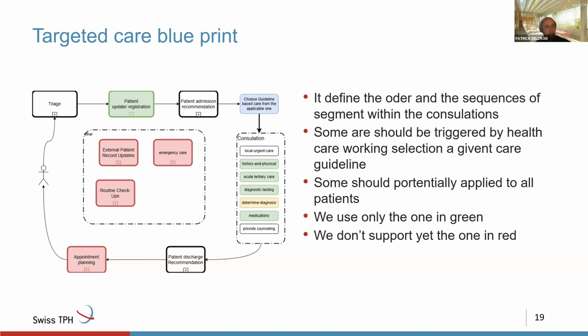We are using only the green ones, that's the ideal blueprint we have, and the red ones are not even supported by the tool so far. The difference is that what we support today is a normal questionnaire-based consultation, and the red ones are more like planning and updates asynchronous from consultations, or emergency care.